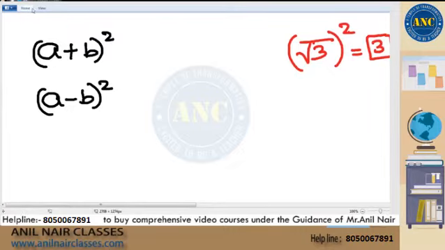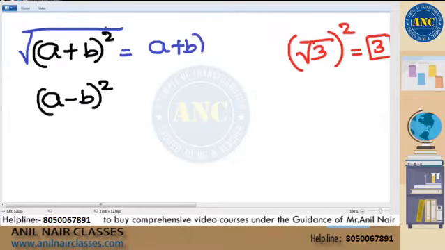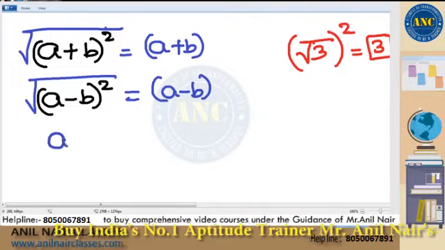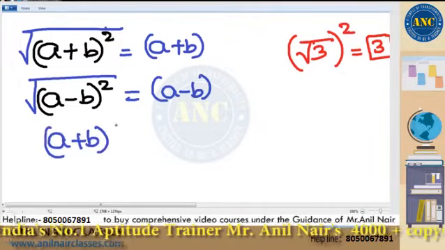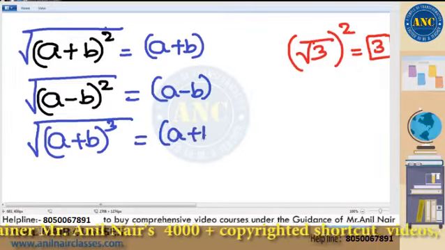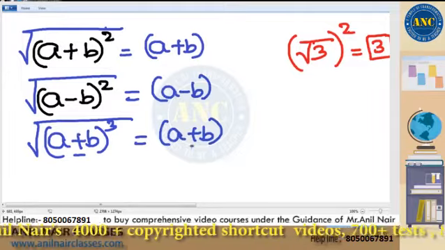Similarly, if I have the square root of a plus b whole square, the square root and square will eliminate and you are left only with a plus b. Square root of a minus b whole square will be a minus b. Similarly, the cube root of a plus b whole cube is again a plus b, and the cube root of a minus b whole cube is again a minus b.